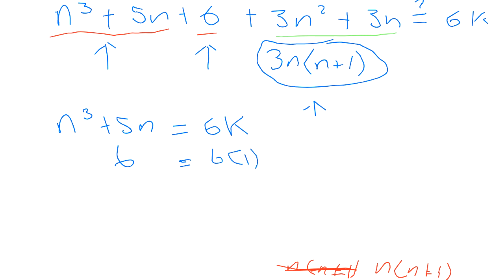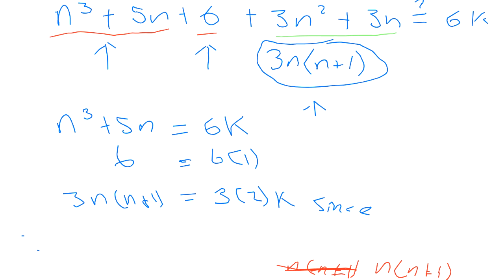And you'd mention that 3n times n plus 1 is equal to 3 times 2 times some k. Well, I should use k again. But anyway, since, and you give the reason I gave you a while ago, since it's a product of two consecutive numbers and 3, you mentioned that.